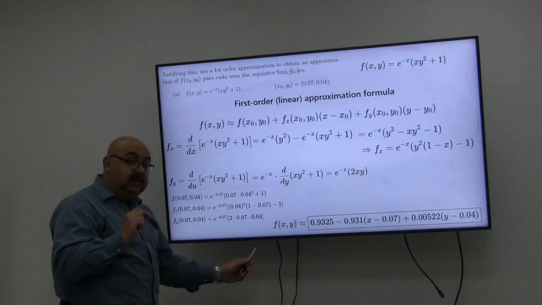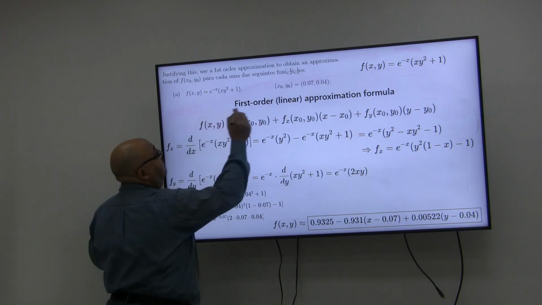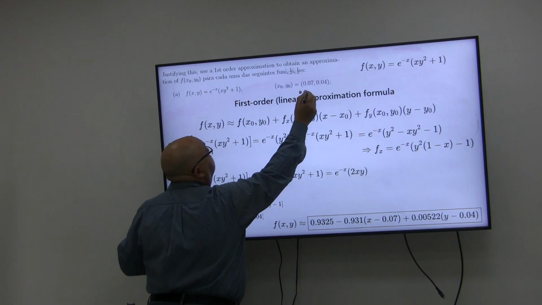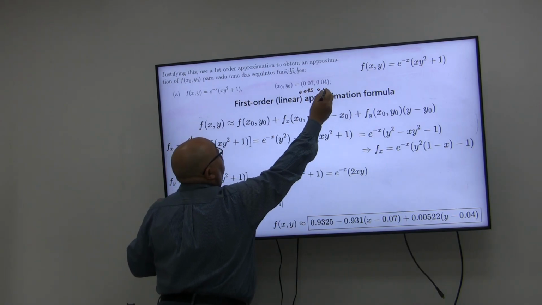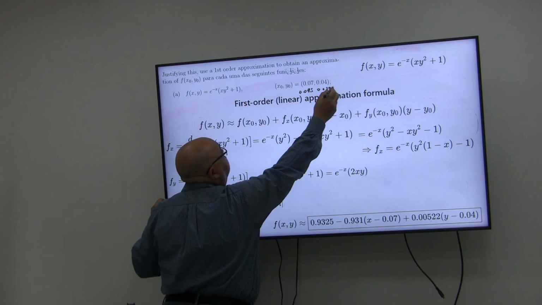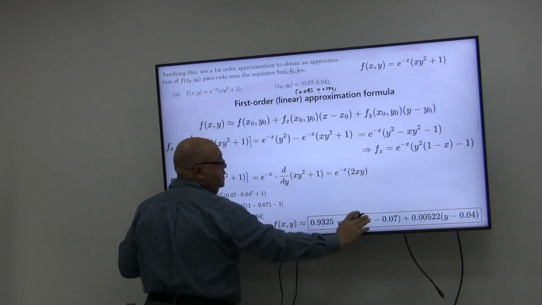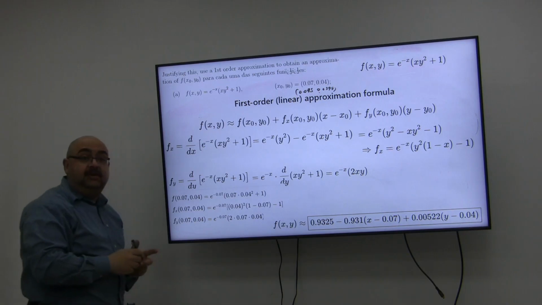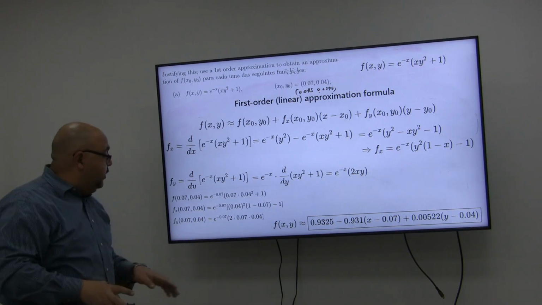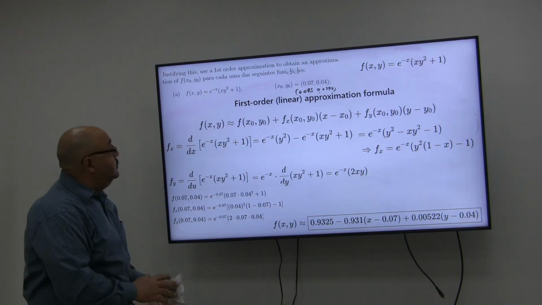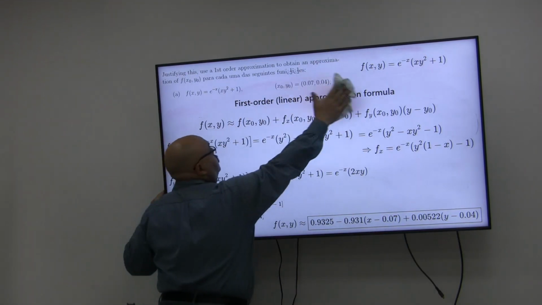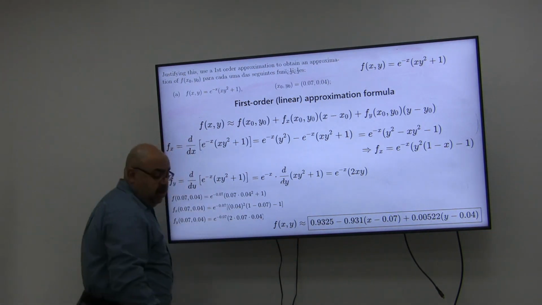I can use it to find the value of f at 0.075 or at 0.0399. I can use this polynomial in order to find these values just by replacing x and y by these values.